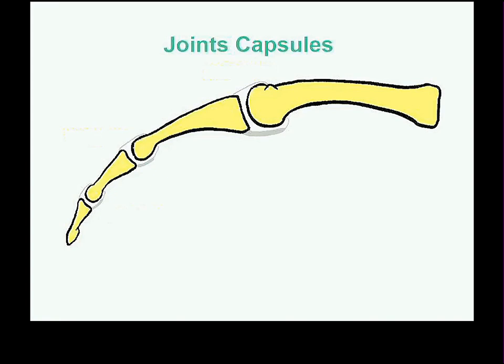Like every good synovial joint, you know, those who attended the lecture on joints, there is a capsule to these joints. But unlike all other synovial joints, or at least unique to these, the capsule is thickened on its ventral aspect in a fibrocartilaginous pad, which is called the palmar plate.